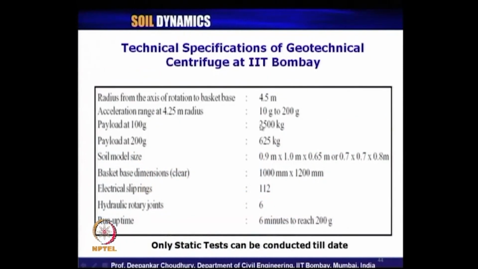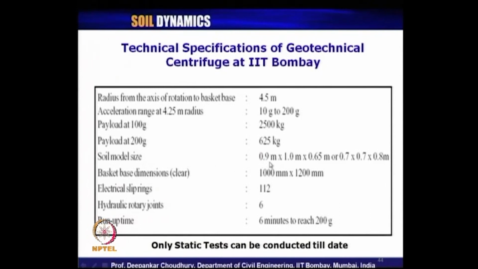What are the technical specifications of the geotechnical centrifuge at IIT Bombay? Its radius from the axis of rotation to the basket base is 4.5 meter, and the acceleration range at 4.25 meter radius is from 10 G to 200 G. Payload at 100 G is about 2500 kg, and payload at 200 G is 625 kg.